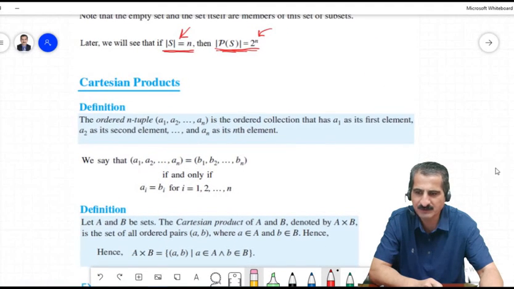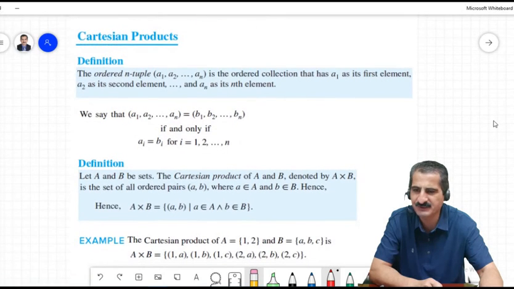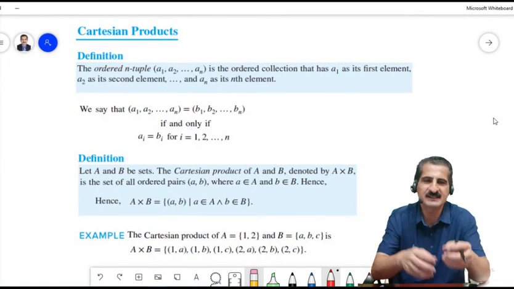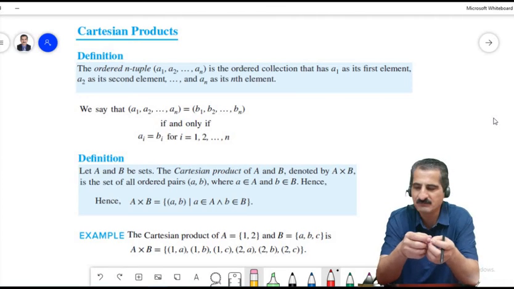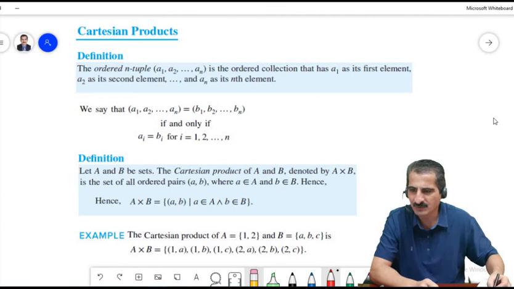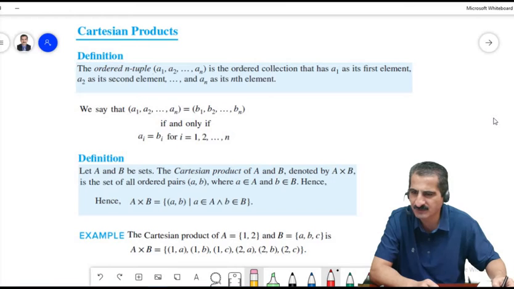Here we will introduce Cartesian products. If we have sets, we can make new sets out of them. To see that, let's first introduce what we mean by this. This is a generalization of the ordered pair. An ordered pair is written as (a, b), or we will say here (a1, a2). This is an ordered pair, and usually the first is the x coordinate and the second is the y coordinate.